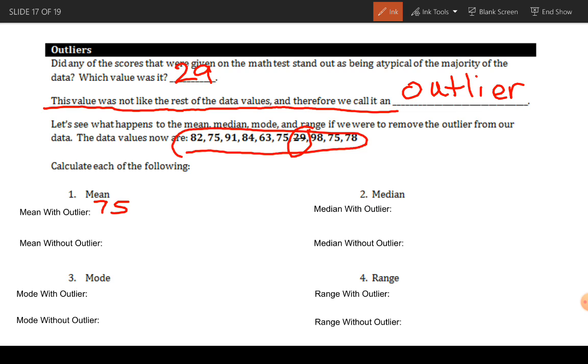Without the outlier, we would add up all the data values without including 29, and we would get 721. And because we took out this outlier, we now have 1, 2, 3, 4, 5, 6, 7, 8, 9 values. So we divide that by 9, and our new mean would be 80.